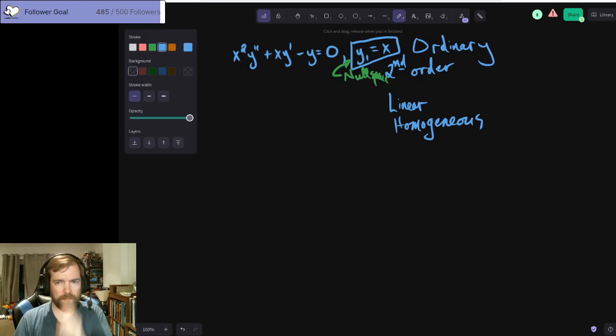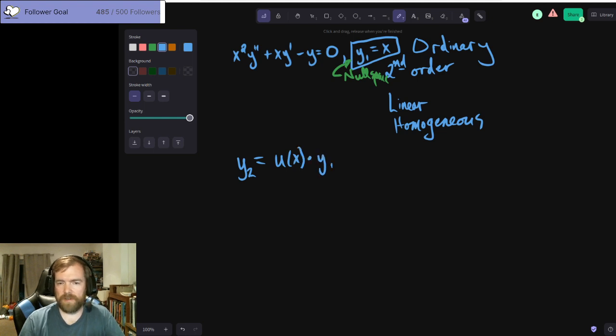Kind of build from what we have. Yep, so I would say our second step is going to be, let's suggest that y2 is going to be a function of x, in this case u of x, times our first solution.